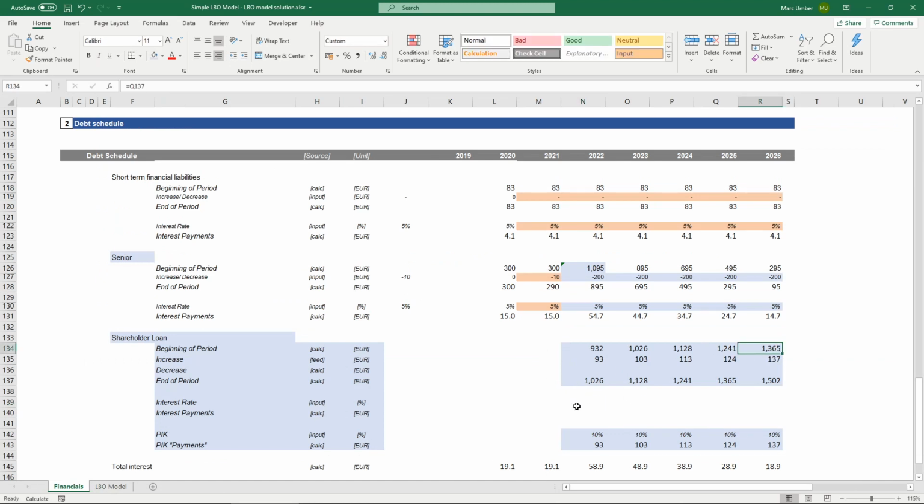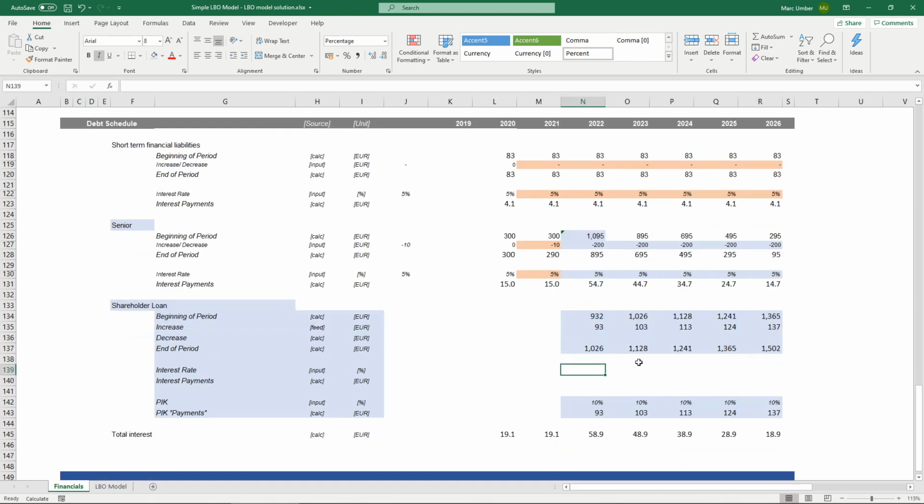We do not introduce any other debt or debt-like instruments, and the interest rate on that would be 0 by the assumption. So our debt schedule is now augmented for all LBO elements, but we need to make corrections to the total interest now.